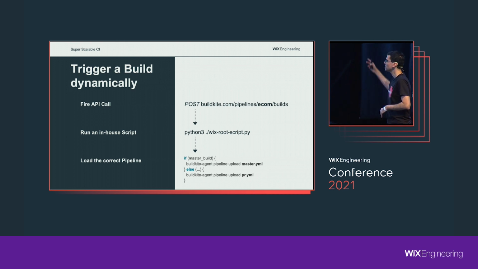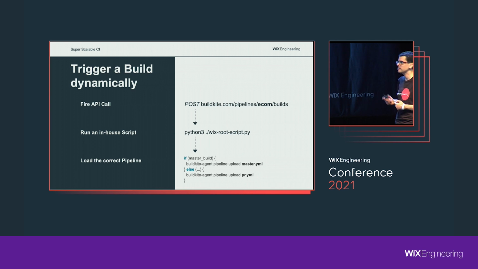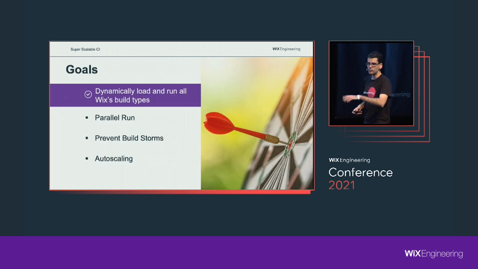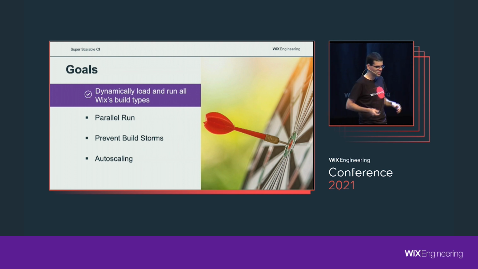That's the flow. There's an API call, and then there's a script that has the logic, the knowledge of which type should be triggered. And then it has, well, if it's a master build, please load the master.yaml for me. And it can also ask, well, if I'm in experiment mode, if a certain feature flag is open, please run experimental.yaml. So that's nice. That's a way to load all of Wix build types and test new pipelines and gradually roll out changes.